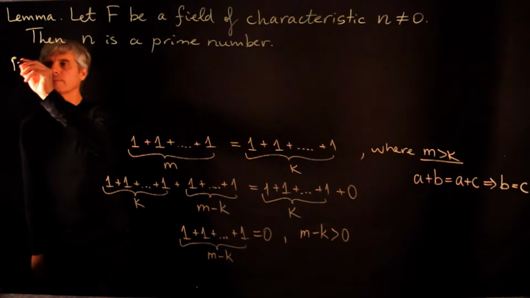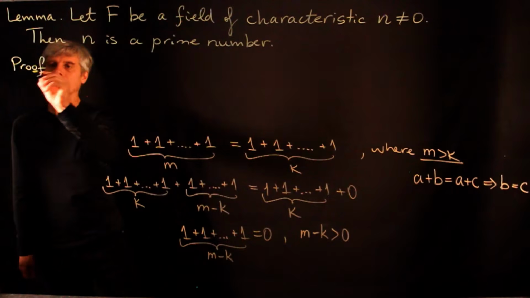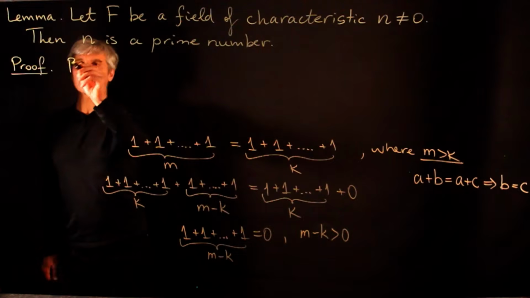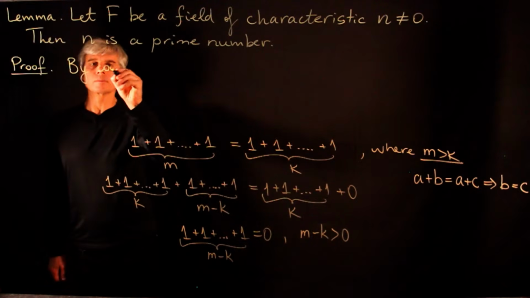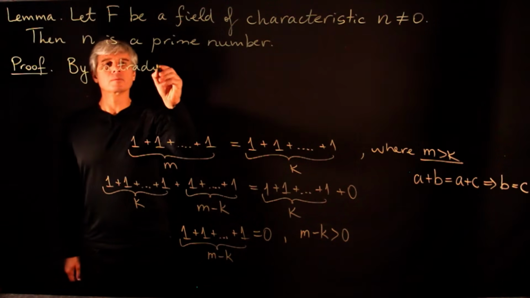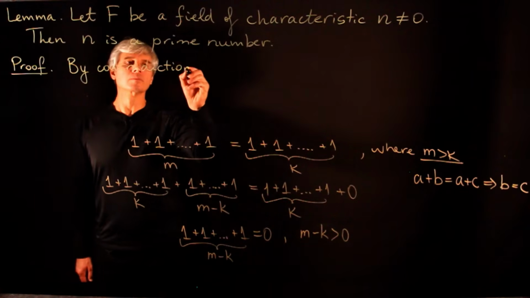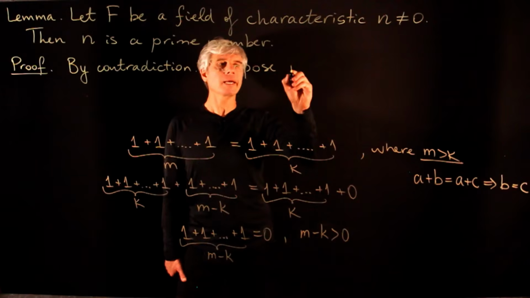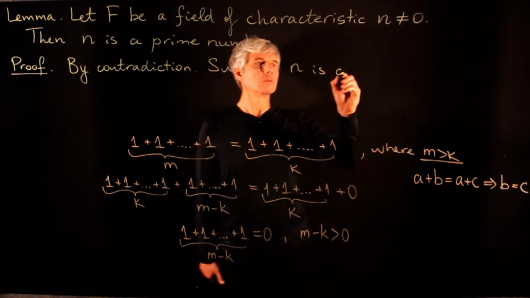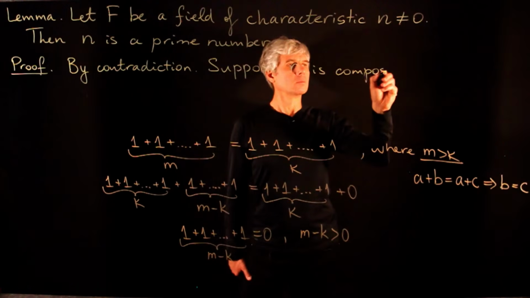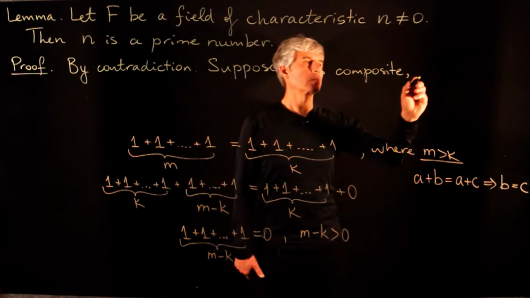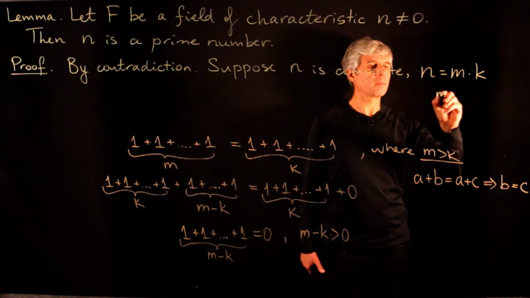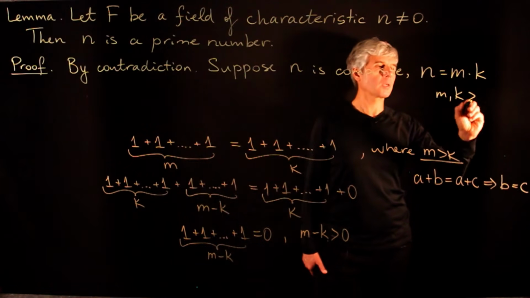So let's prove this. We're going to prove by contradiction. Suppose n is composite. So n is m times k, where m and k are both greater than 1.